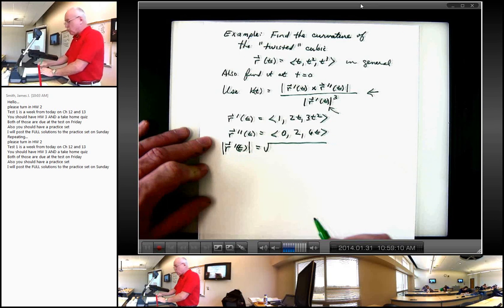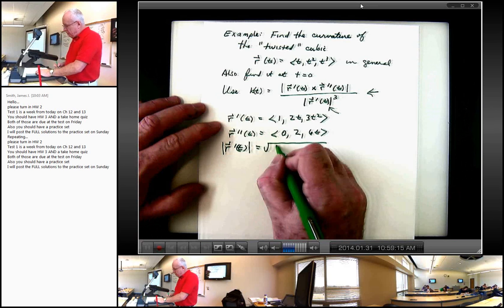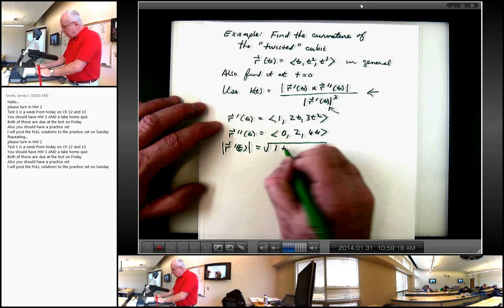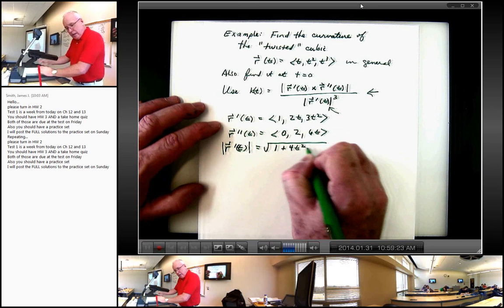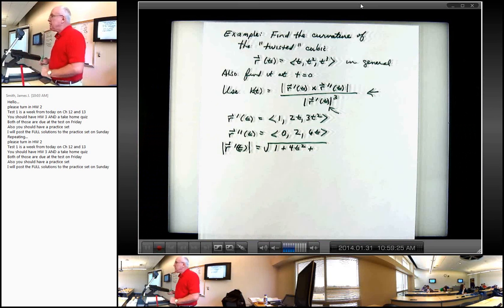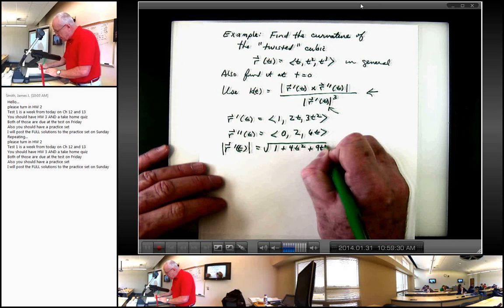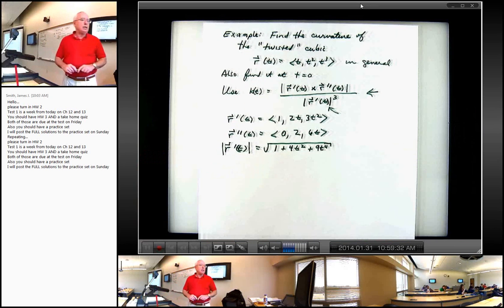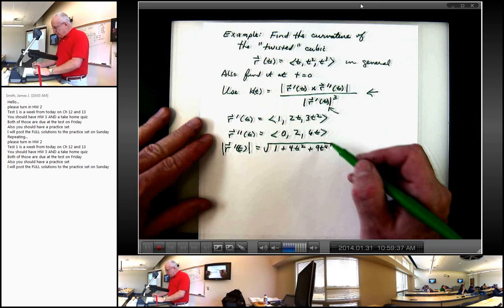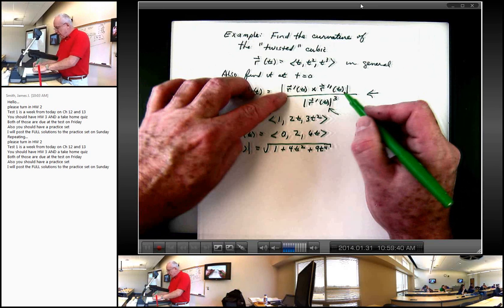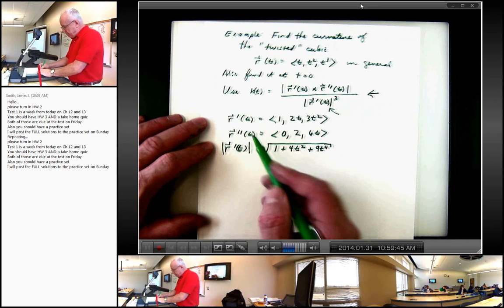The square root of the squares of the components, so that's going to be 1 squared is 1, 2t all squared is going to be 4t squared, and then 3t squared, we square that, that's going to give us 9t to the 4th power, and that's all under the square root radical. Okay, now what else do we have to get here to be able to use this? We've got to get the cross product of r prime and r double prime.